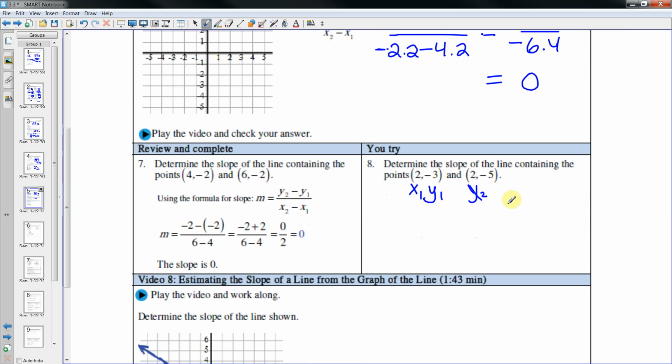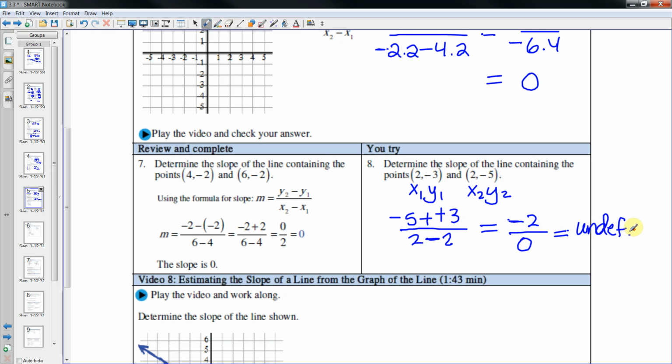If you want to write y first over here, let's erase that because that kind of looks messy. X2, y2. So negative 5 minus a minus 3 over 2 minus 2. You're going to end up with 0 on the bottom. So negative 5 plus 3 is going to be negative 2 over 0, which is undefined.